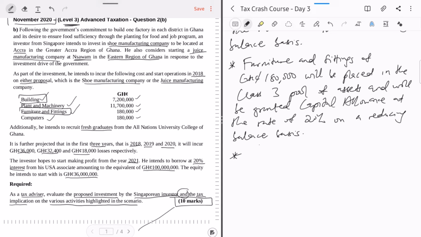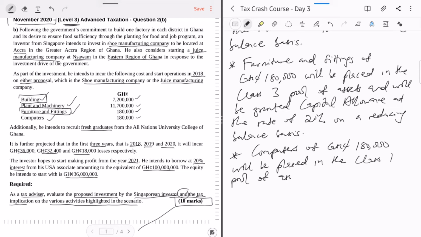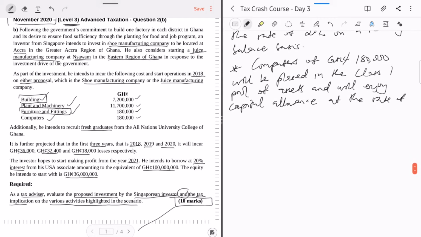The next is computers. We all know that is class 1. So computers of 180,000 cedis will be placed in the class 1 pool of assets and will enjoy capital allowance at the rate of 40% on a reducing balance basis.